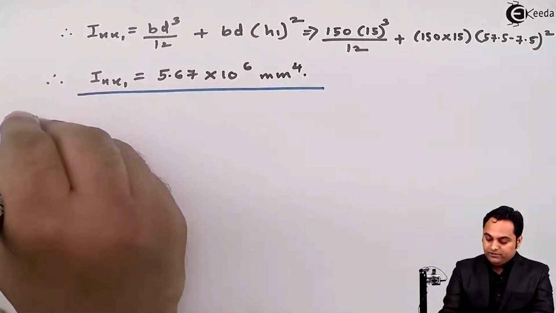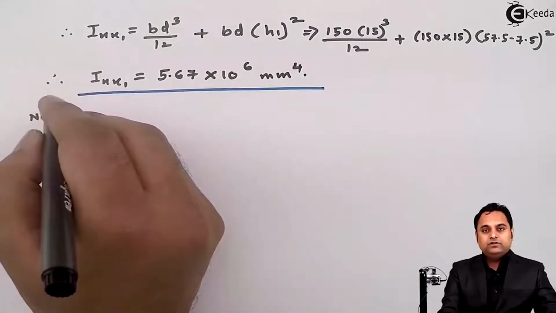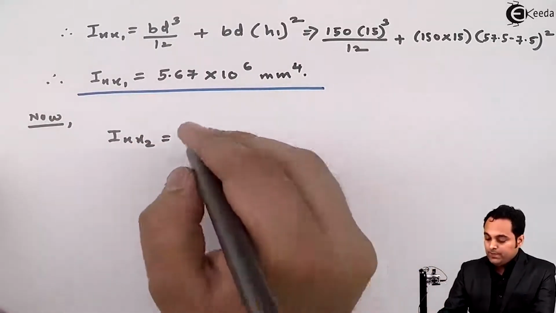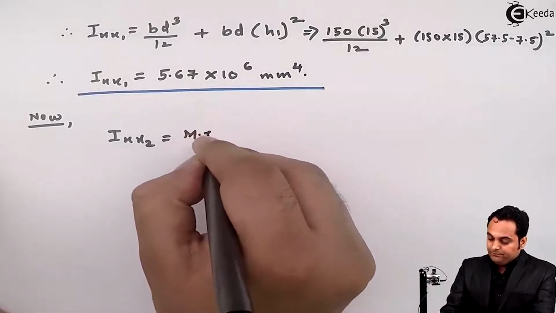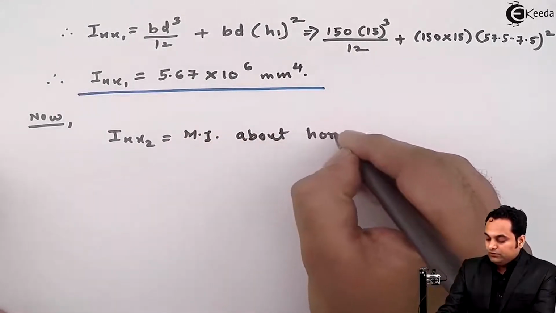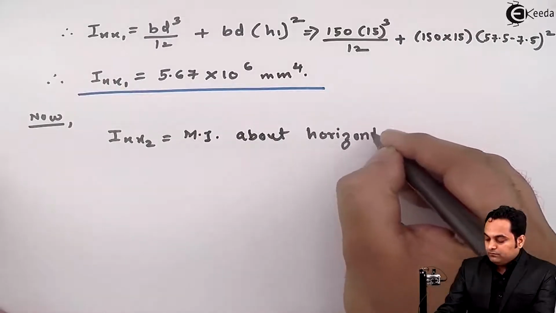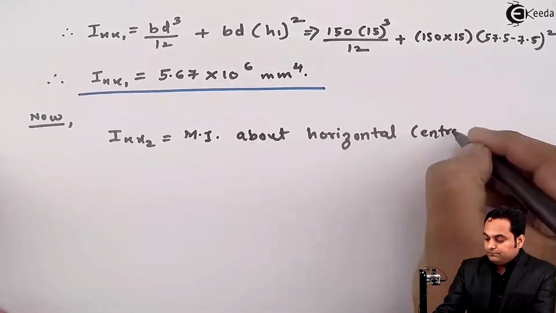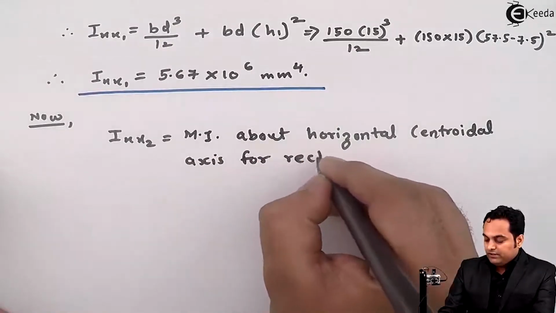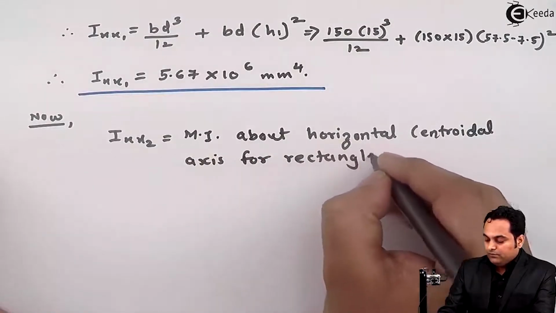Now similarly I'll calculate Ixx2. What is Ixx2? It is the moment of inertia about the horizontal centroidal axis for rectangle number 2.